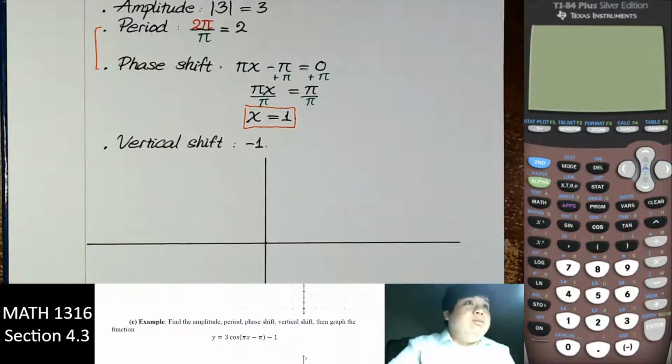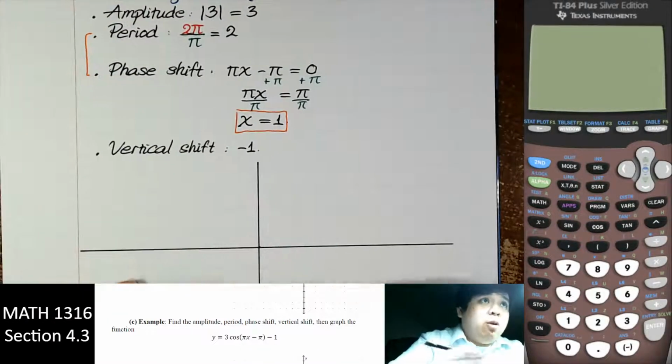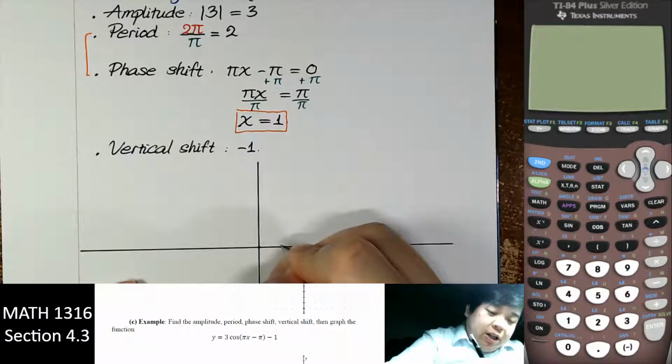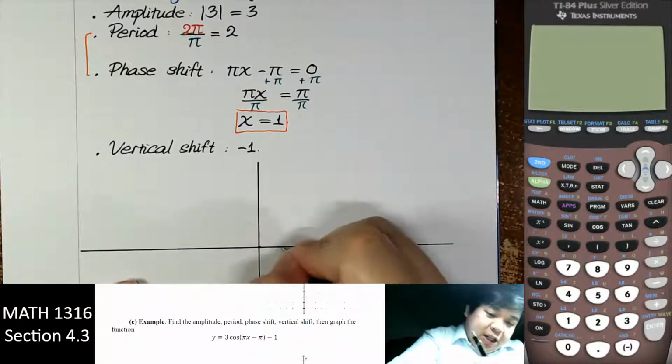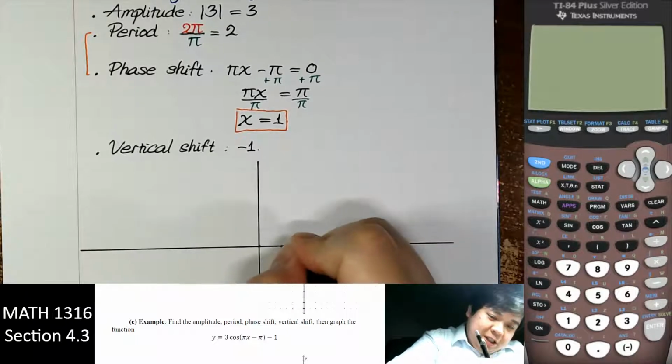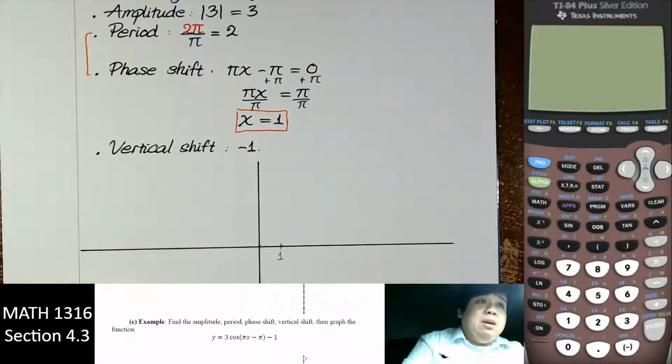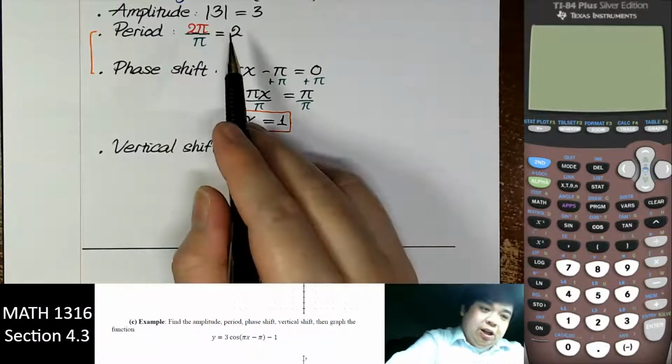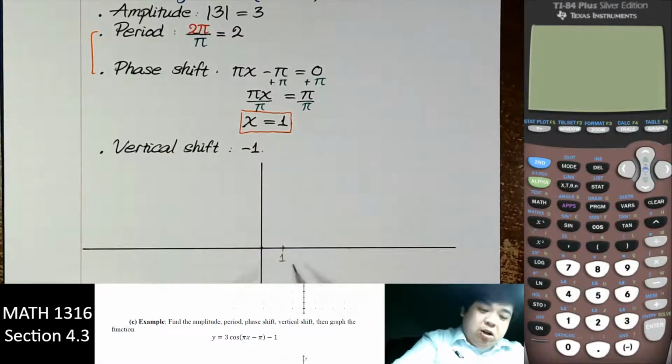For example, if we start with 1 about this much, then the period is going to be twice as much, so about this much.